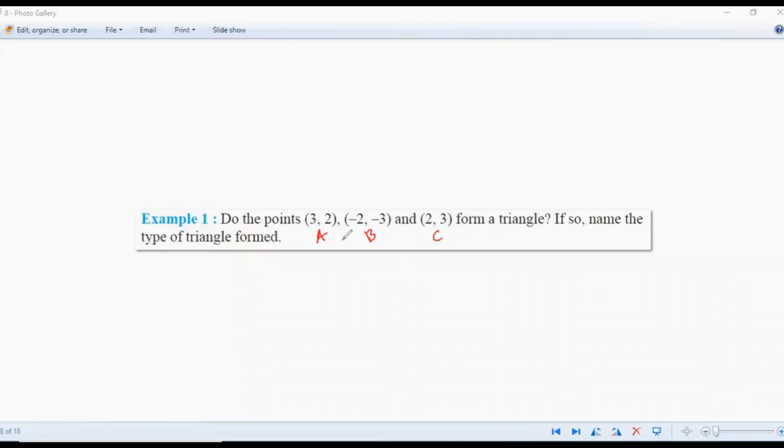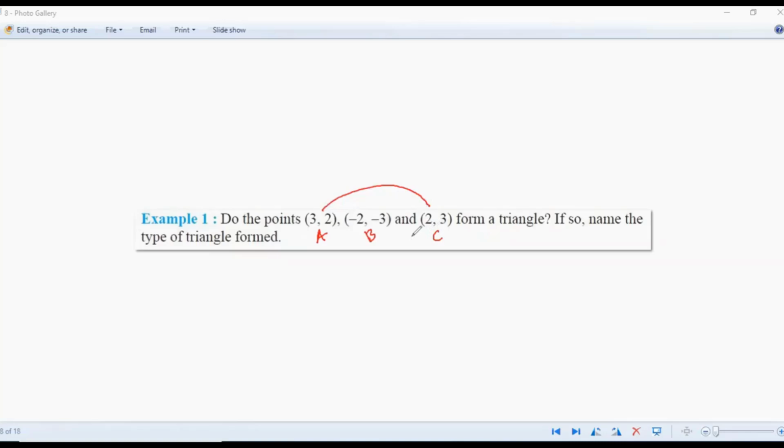Simply find the lengths of AB, BC and AC. AB is the distance between (3, 2) and (-2, -3). BC is the distance between (-2, -3) and (2, 3). And AC is the distance between (3, 2) and (2, 3).